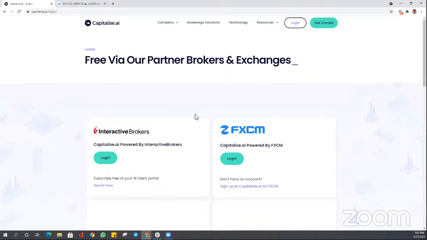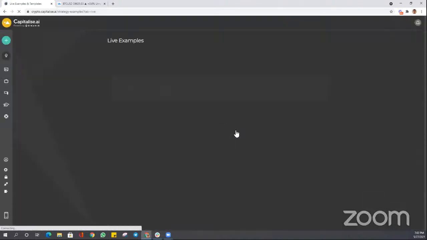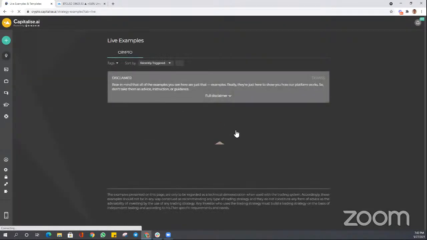So here we can find all our partners, and today let's go to our Binance platform and log in. We're going to be optimizing backtests, and we're going to be setting up some smart notifications.